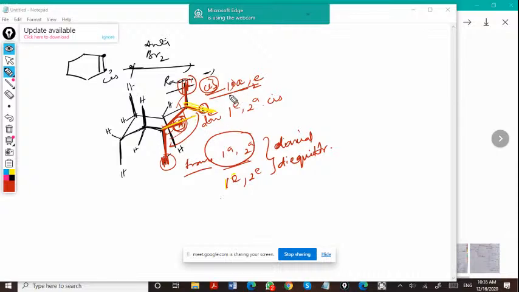Otherwise, if it is cis, it is axial-equatorial or equatorial-axial. So if I want to write the trans product, because this is going to add in the trans way, I must write 1,2 either diaxial or diequatorial.